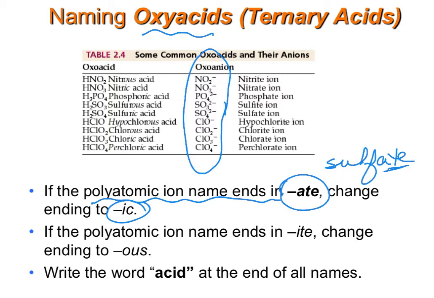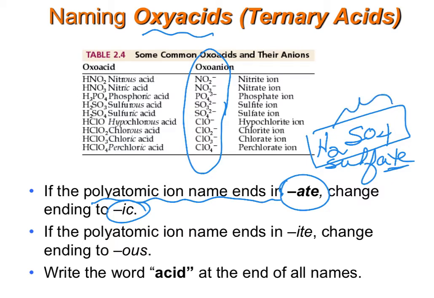So if you have an acid, for example this, and you identify the polyatomic in that acid as a sulfate, that means the name of the acid that it participates in will end in ic.